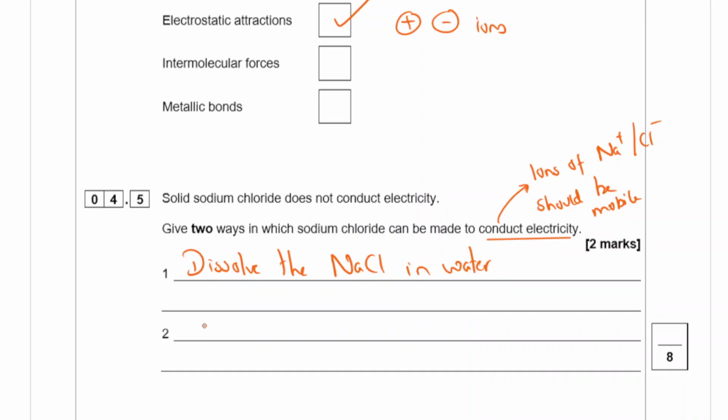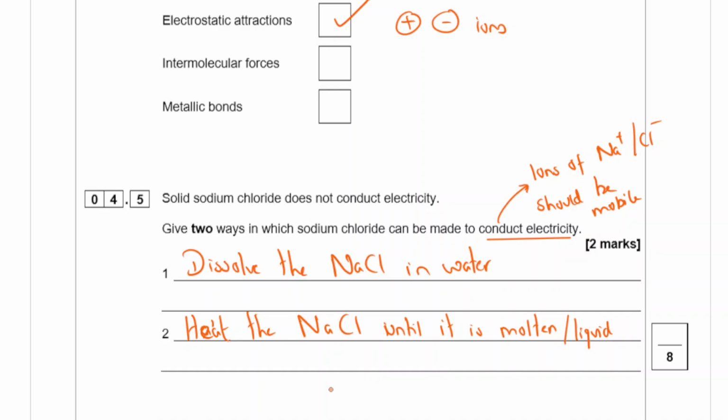The other thing that you can do is heat the sodium chloride until it is molten, or until it becomes a liquid, right?